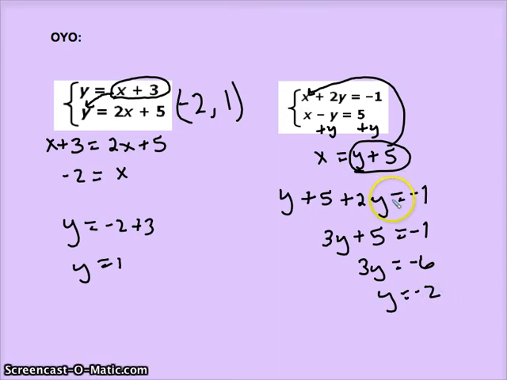Okay, almost there. Got to find our value for x. So I'll plug negative 2 into the equation that we solved for x, and x equals negative 2 plus 5. So x equals 3. My final answer here is the ordered pair 3, negative 2.